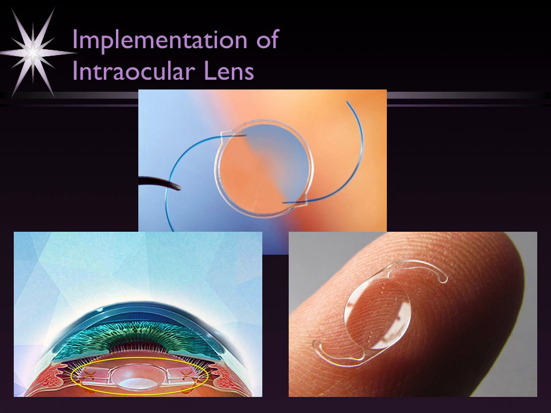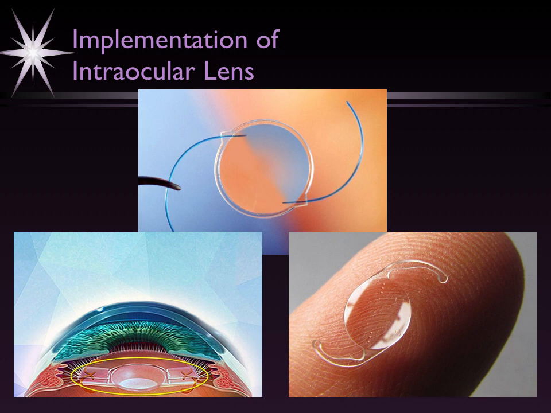So they have come up with the one on the bottom left, and that's called a monofocal accommodating lens. You can see in the picture, they're sort of attached to those ciliary muscles, and they're able to stretch and also constrict, so that you can actually get more of a normal accommodation with those lenses.